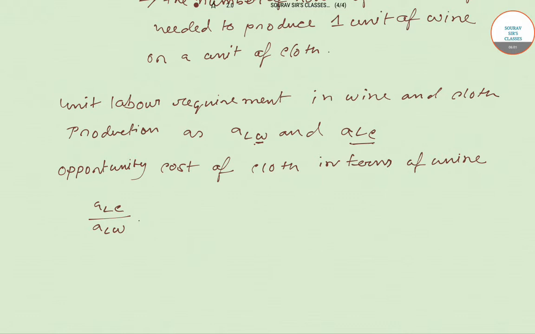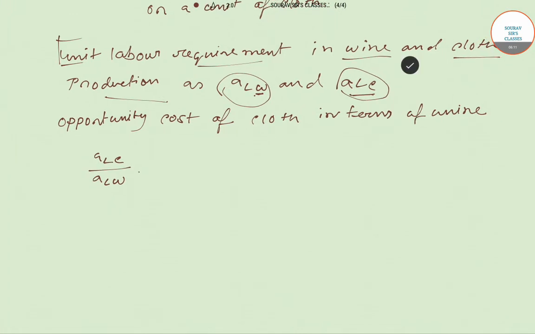So what did we do here? We know the unit labor requirements in wine and cloth production are given as ALW and ALC respectively. Now we know the opportunity cost of cloth in terms of wine is ALC divided by ALW.